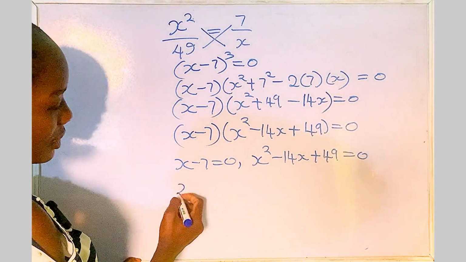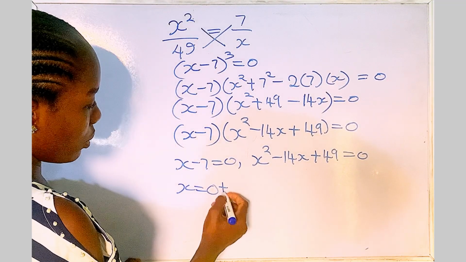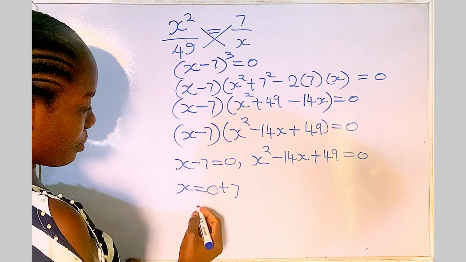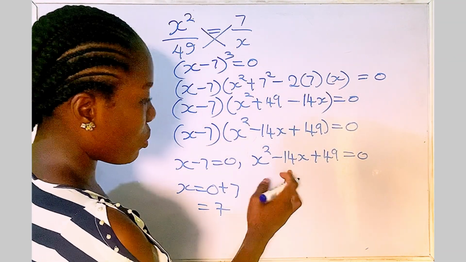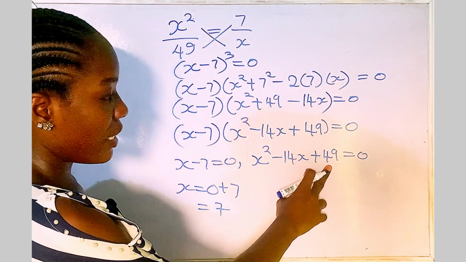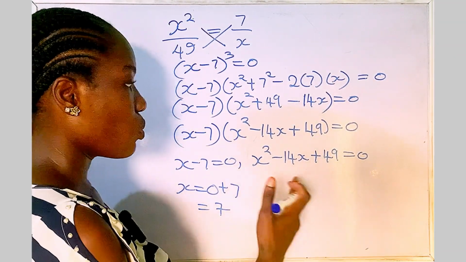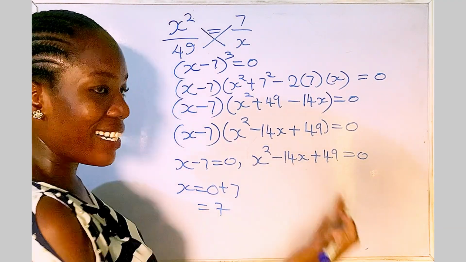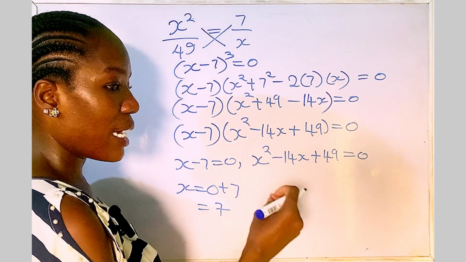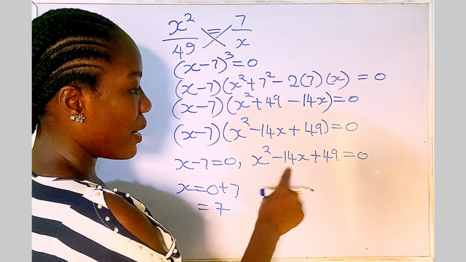We already know that x is equal to 0 plus 7. When this comes over, it becomes what? 7. Now let's solve for this part. So we have 49 here, and 49 is what? 7 times 7, and 7 plus 7 can still give you 14. But how do we write that? 7 times 7 will give you plus 49, and minus 7 minus 7 gives you minus 14.